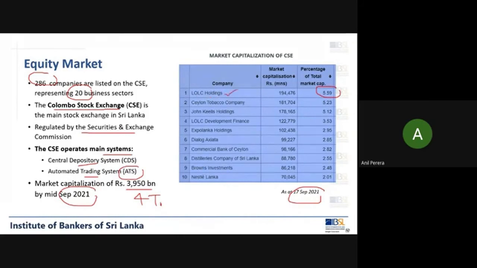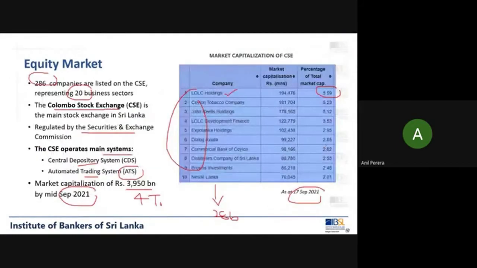It's LOLC, and these are the first 10: CTC, John Keells, LOLC Development Finance, Expo Lanka, Dialog, Commercial Bank, Distilleries, Browns, Nestle. Likewise, you have 286 companies, and these are the largest companies in the market.